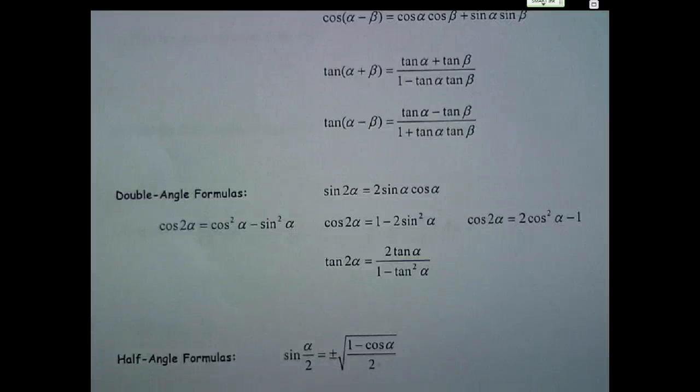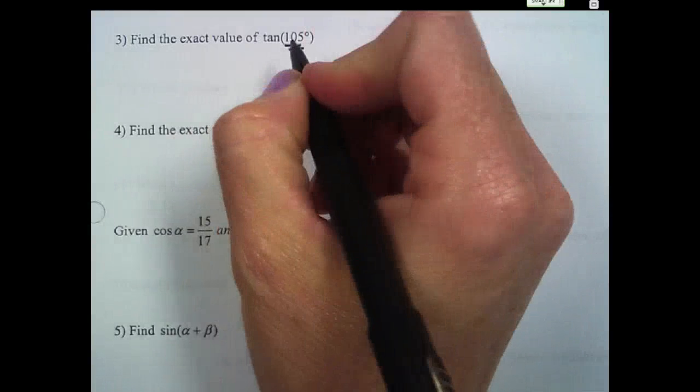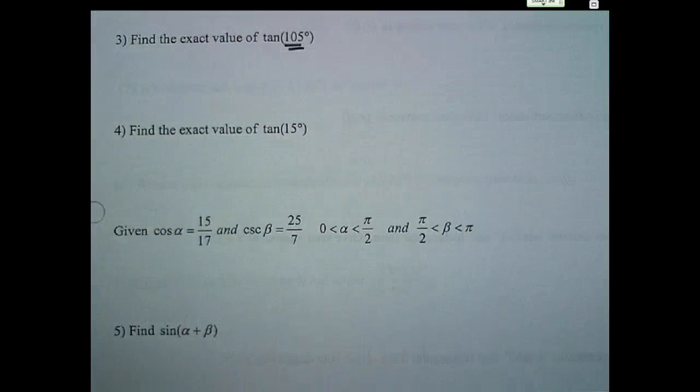So if I avoid those values, I'm going to use tangent of 105. How can I come up with 105? I can use 60 and 45.